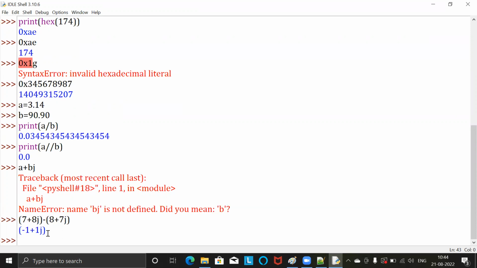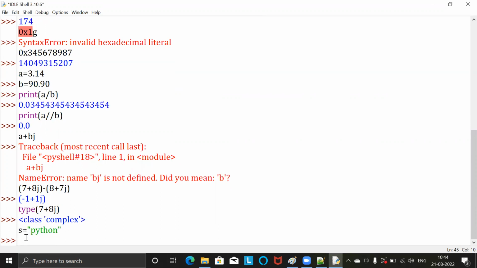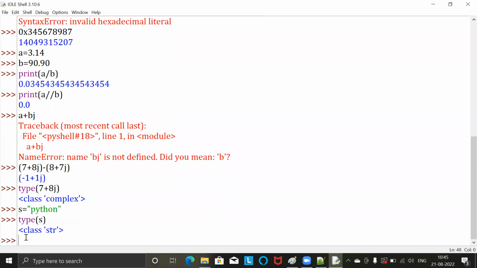For example, we want to know which type of data it is. By using this type keyword, type of 7 plus 8j, it is complex, and type of S equal to Python, type of S is string.